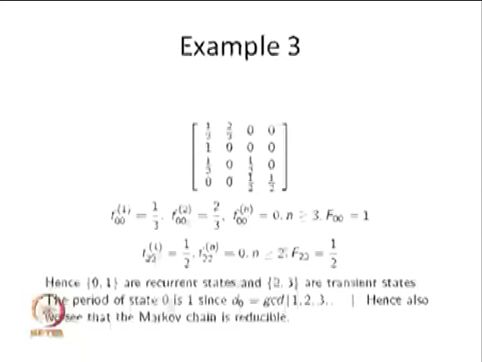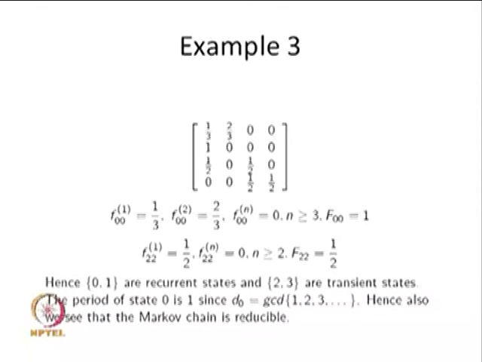So, 0 to 0 in one step, that probability is 1/3 and 0 to 1 is 2/3. Therefore, the row sum is taken care of, that is, the summation of probability is 1. Now, I am going for the state 1. State 1 to 0, that probability is 1, therefore that row is taken care of. Now, I am moving to the state 2.